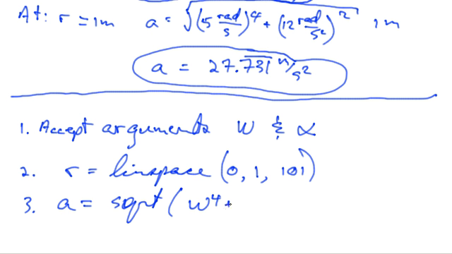Omega to the fourth plus alpha squared, and then times r.